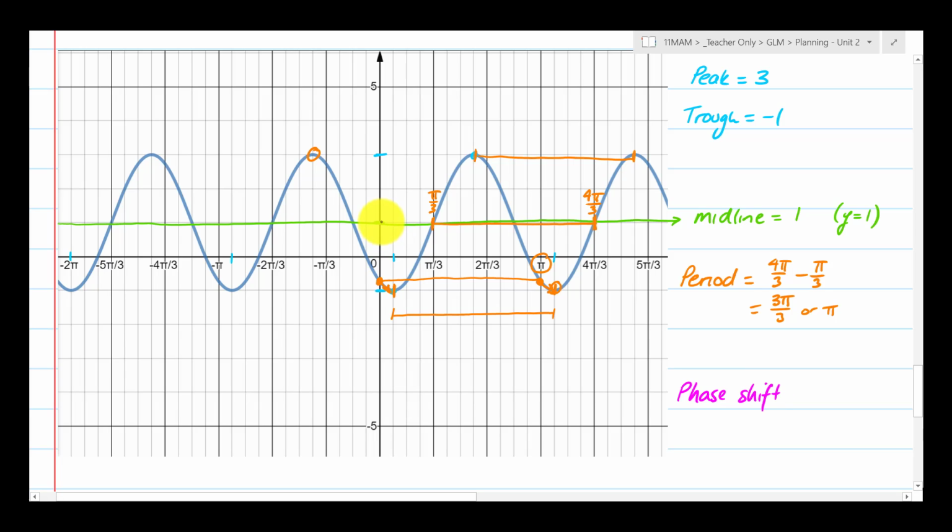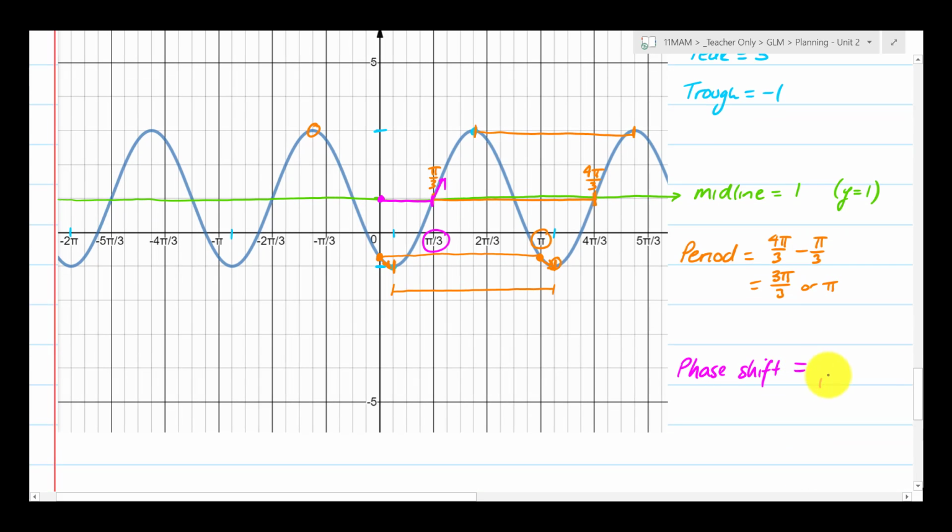So my phase shift for sine is from the y-axis to my first central point, midline, going upwards. You can see that that's at pi on 3, so my phase shift is equal to pi on 3.